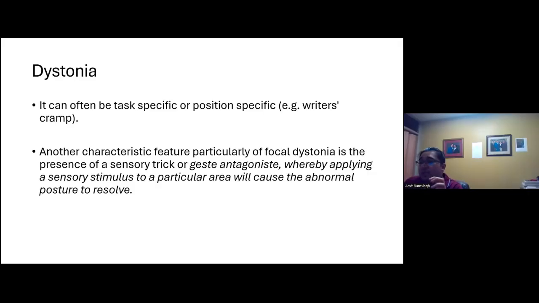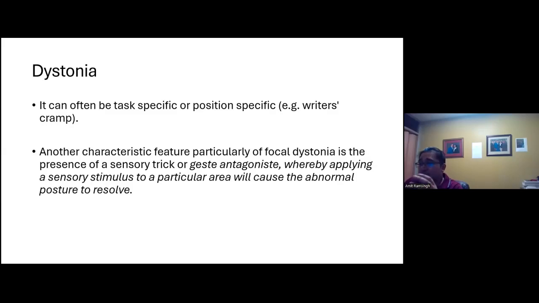It could be task specific or position specific. So one of the important position specific dystonias that we would hear about is writer's cramp, which is an actual type of dystonia.